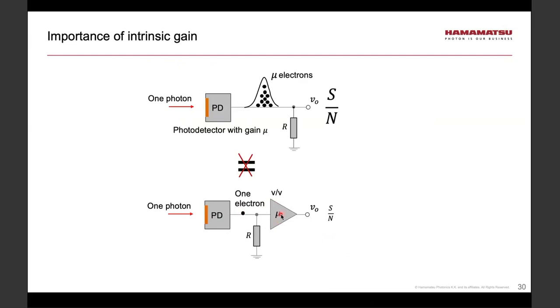Without going into details, the detection signal to noise ratio for the top situation would be higher than for the bottom one. So these are not equivalent circuits. Intrinsic gain of the photodetector will ultimately improve the final signal to noise ratio versus a situation where we try to have a voltage amplifier with the same gain. Not the same.